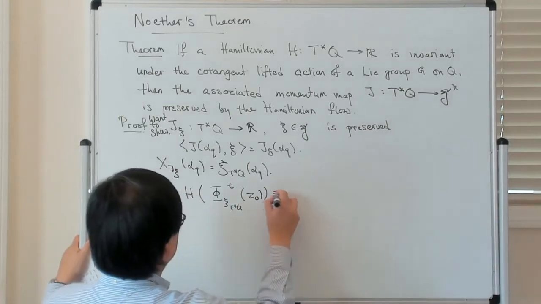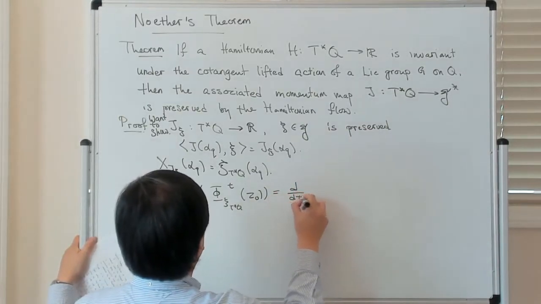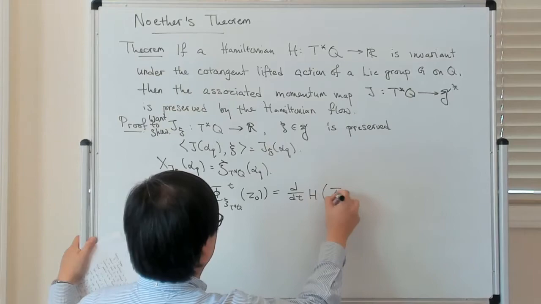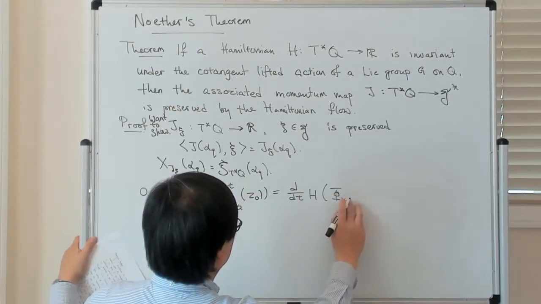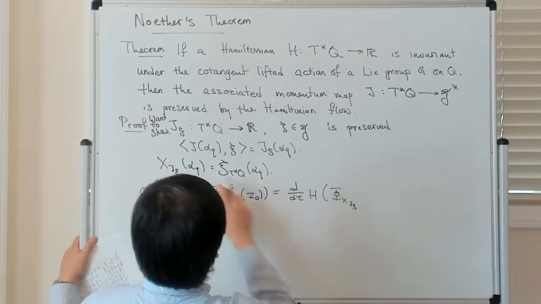This is the time derivative of the Hamiltonian along a vector field generated by X_{J_C}, because of this equality.